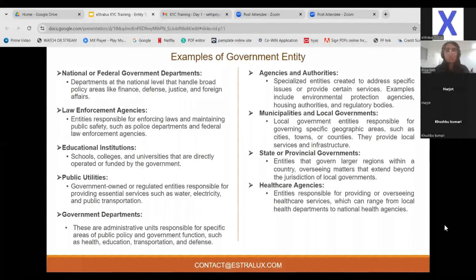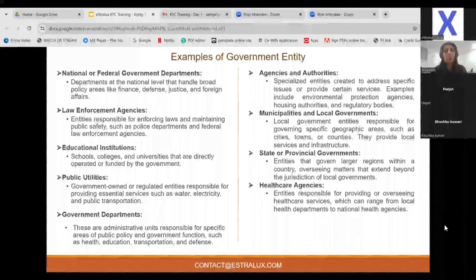Then educational institutions, like the DU universities in Delhi. They are educational institutions and also government institutions. Public utilities are things like electricity and water bills, and public transportation. Then come government departments like health, education and transportation, and agencies and municipalities.